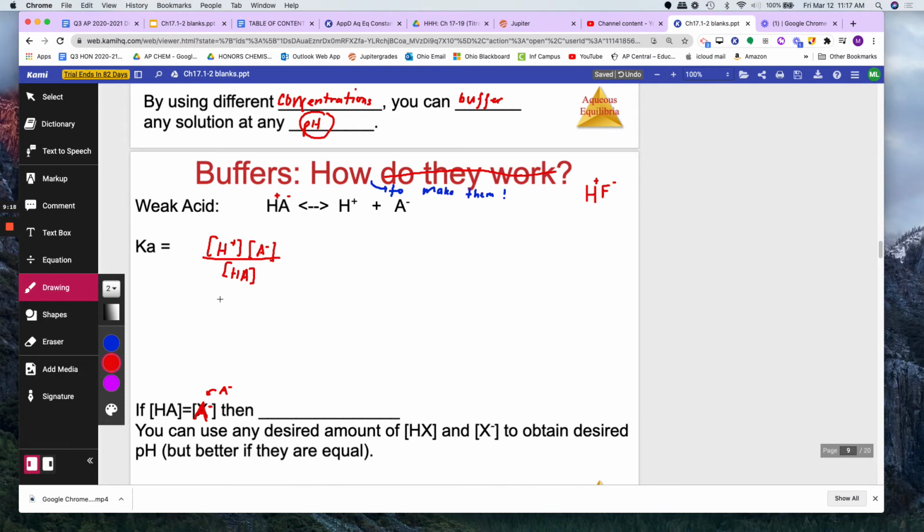So, rearranging this a bit. Oh yeah, so what you would do if you put equal amounts of each, let's say it's HF, okay? Let's say you use equal amounts of HF and F minus. If you make those two equal, they will cancel each other out.